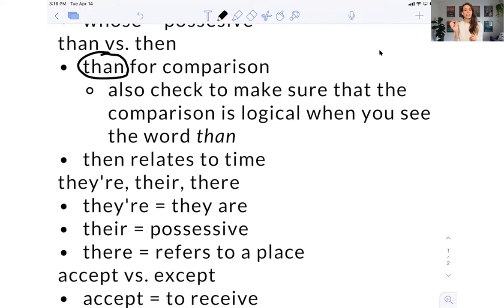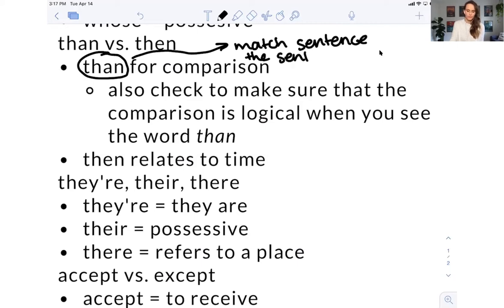And this is getting even trickier on SAT questions lately, because it's not enough to just know you compare apples to apples, people to people, verbs to verbs, that kind of thing. You really want to match the sentence structure for each part of the comparison. And I'm pretty sure we're going to see a question like this today. Match the sentence structure.